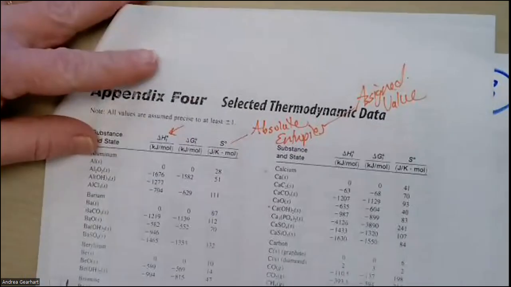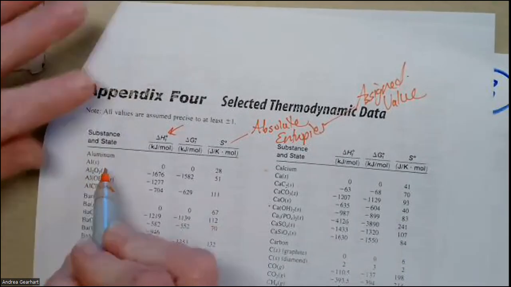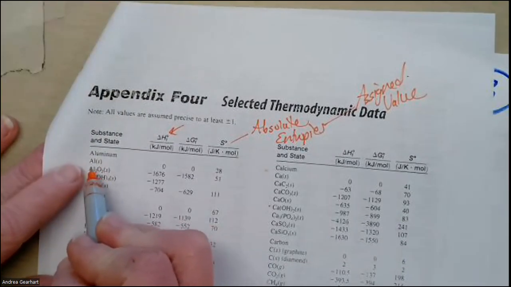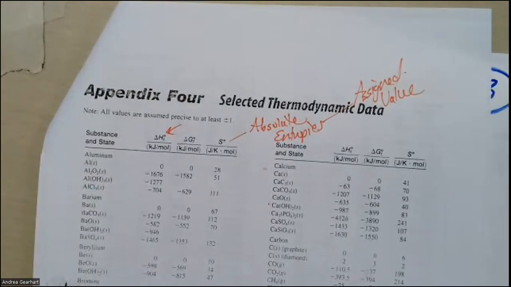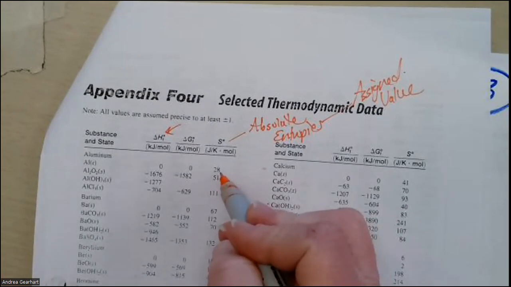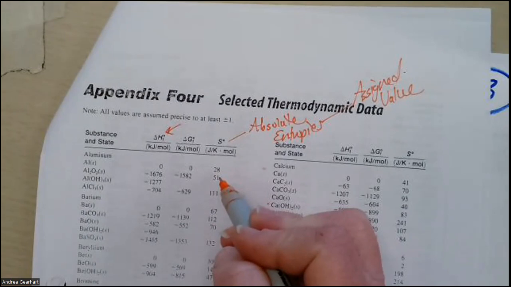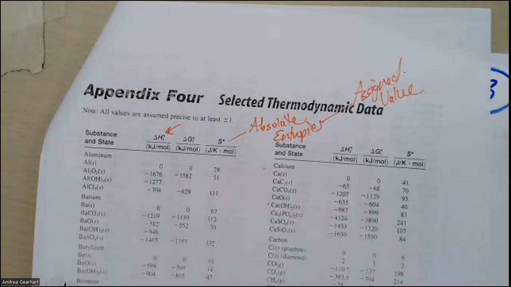So what we're basically saying is, if I have 1 mole of aluminum solid at 0 Kelvin, it has 0 entropy. So at 298 Kelvin, which would be 25 Celsius, if it's 0 at 0 Kelvin, then what would we assign it to be? It's something we make up that's backed up with some experimental data.